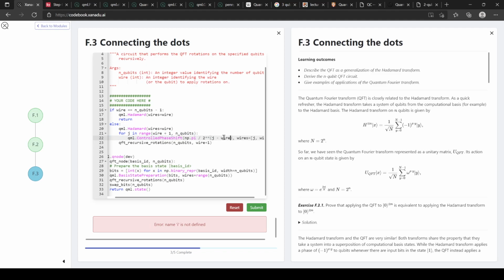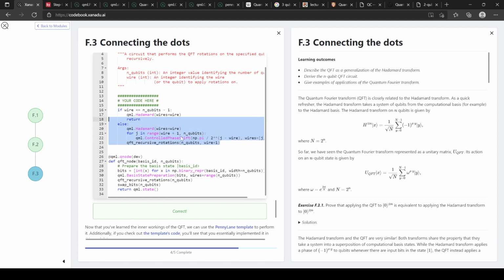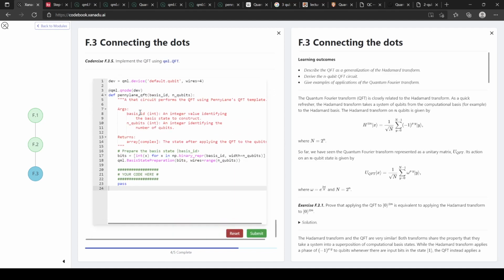Get that. So that's pretty straightforward though. I thought there was a way to do it, but this is the sort of trivial way.